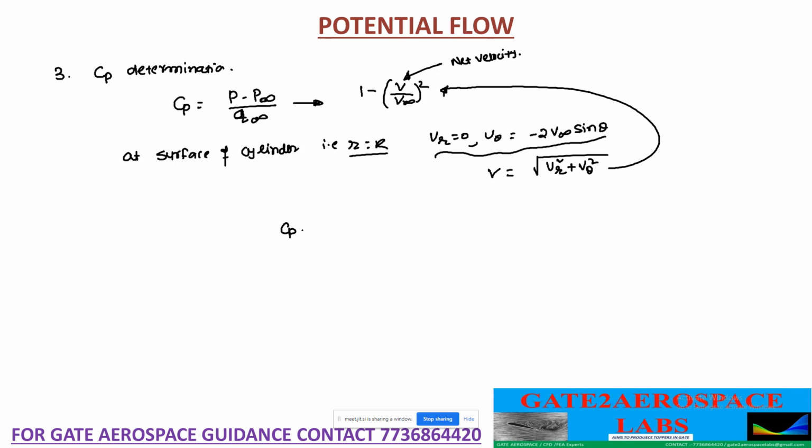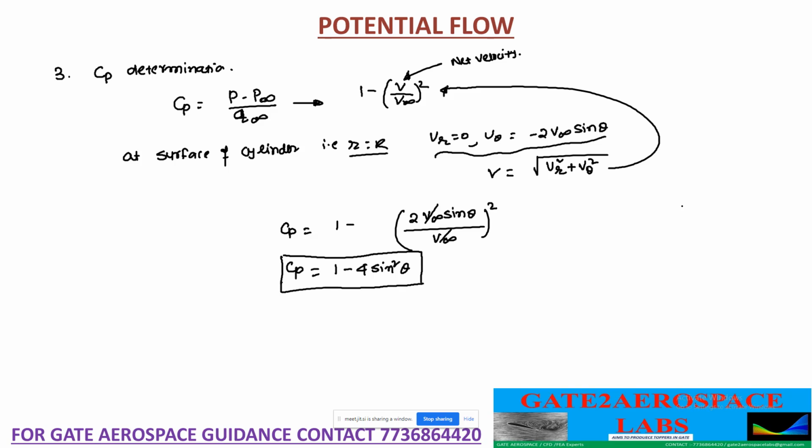So my Cp at the surface of the cylinder will be equal to 1 minus (2 V infinity sine theta divided by V infinity) whole square. This will cancel. So my Cp will be equal to 1 minus 4 sine square theta. So this is the variation of Cp.